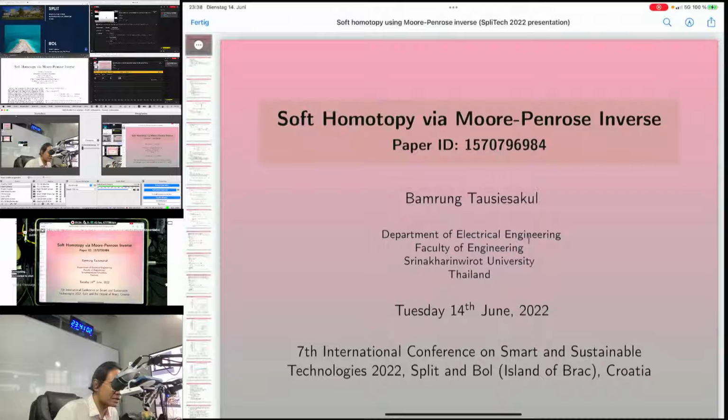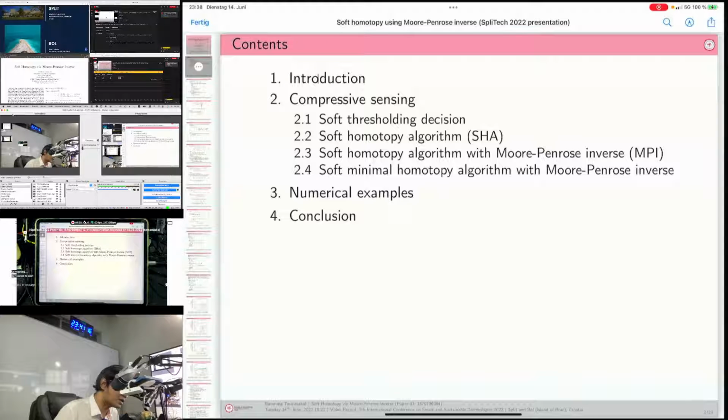This presentation will start with the introduction, and after that we are going to talk about the compressive sensing problem. We will see the basic idea in decision criteria, which is the soft thresholding, and we will see the conventional method, which is the soft homotopy algorithm.